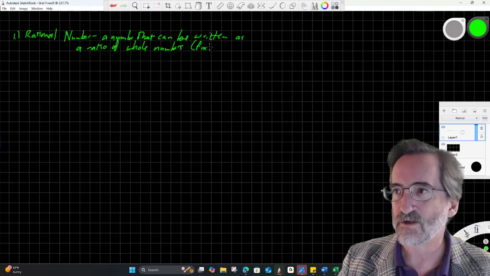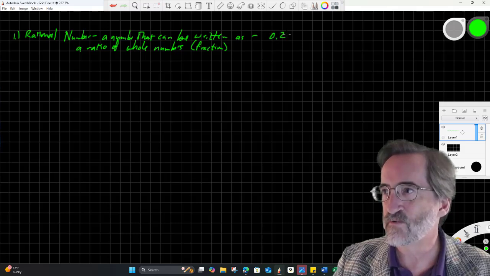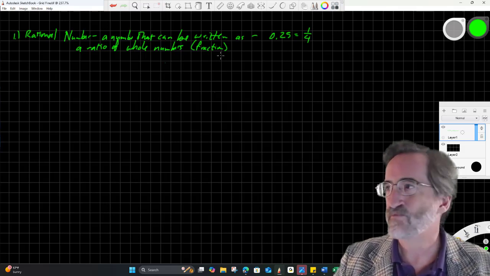Often called a fraction. Example, 0.25 equals 1/4. Rational.